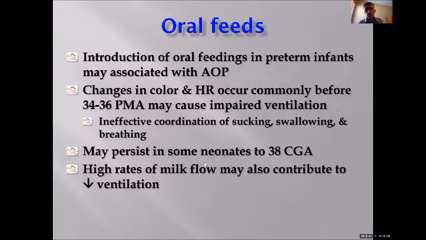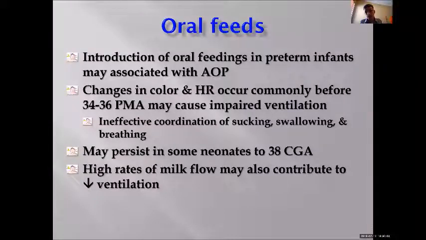Very important is the feeding, because feeding is associated with some respiratory and cardiac change in the baseline reading. Like change in color and change in heart rate, tachycardia and bradycardia can occur with babies up to 34 to 36 weeks postmenstrual age. And the reason is abnormal deglutition, or what we call the coordination between sucking, swallowing, and breathing.